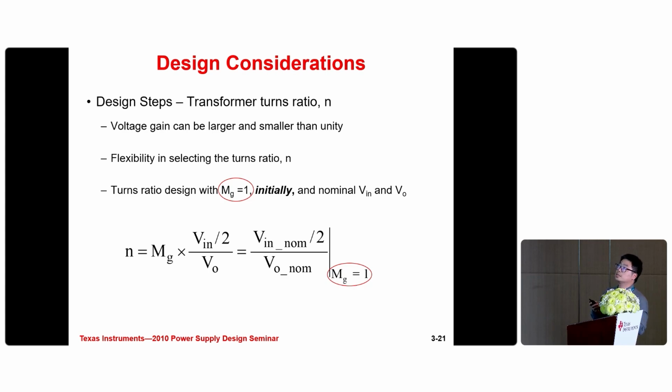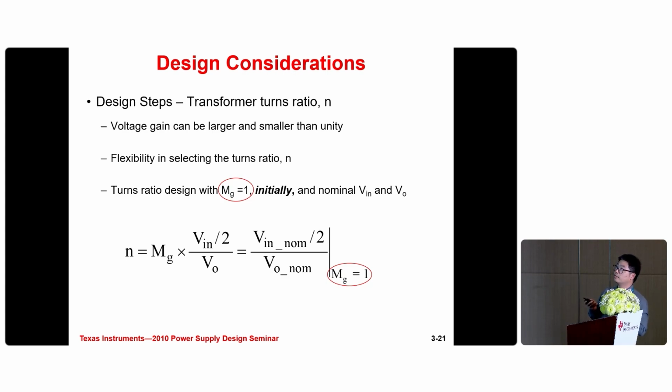This part is about the transformer turns ratio. It is flexible, because the gain of the LLC can be larger or around 1. But from the beginning, we can set the turns ratio to 1.